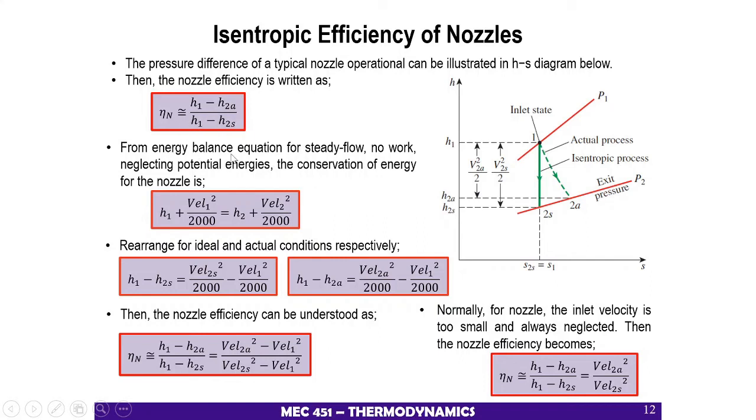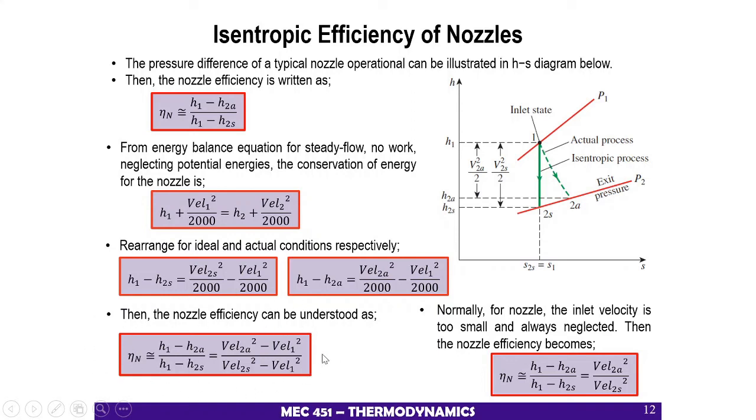From the energy balance equation for steady flow, no work, because a nozzle produces no work and also requires no work, neglecting potential energy, for the nozzle we have this equation. This is from the general energy balance. And rearranging, we get this equation. So therefore, the nozzle efficiency can be used something like this.